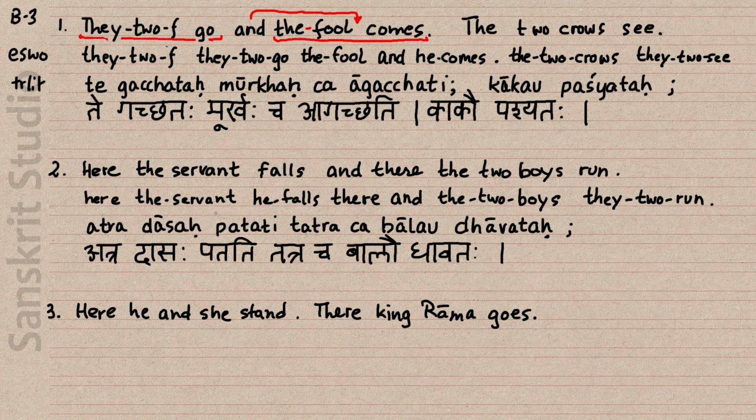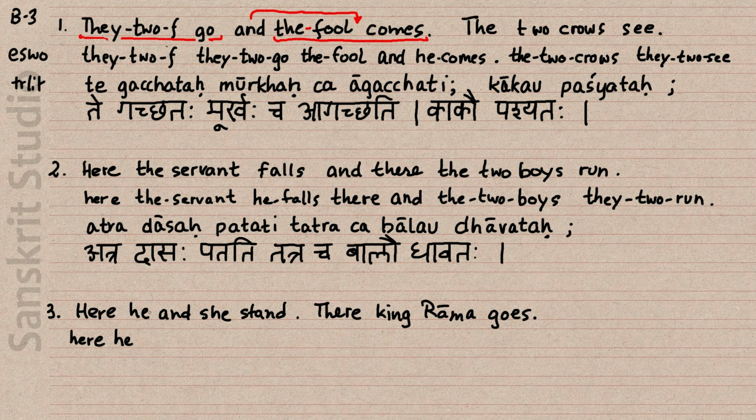He and she stand there. King Rama goes. So we have our sentence here, and this time we have a word connector, not a clause connector.